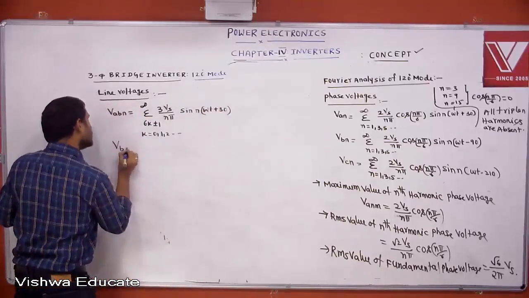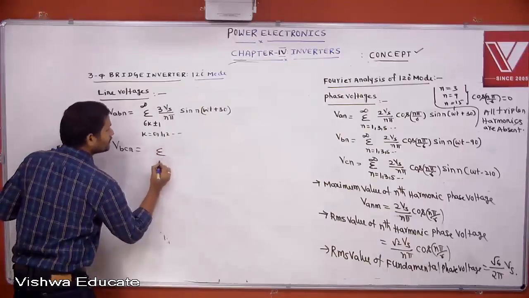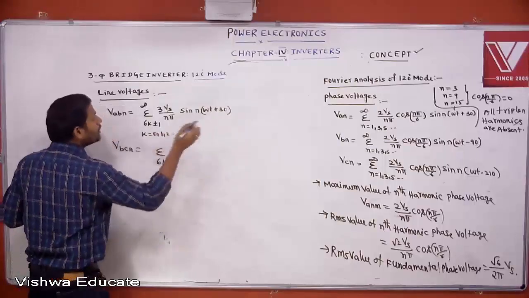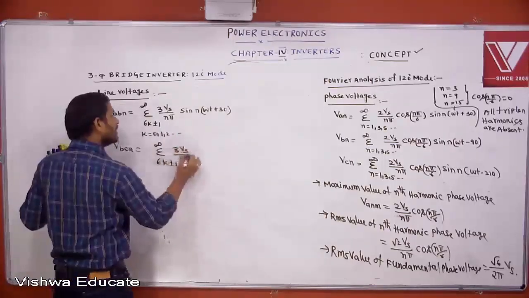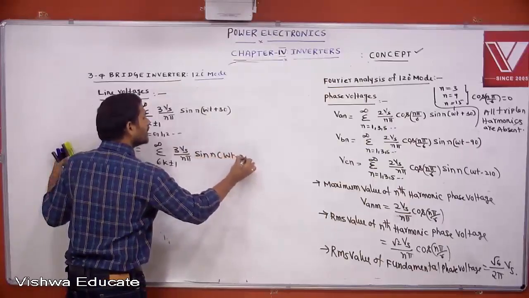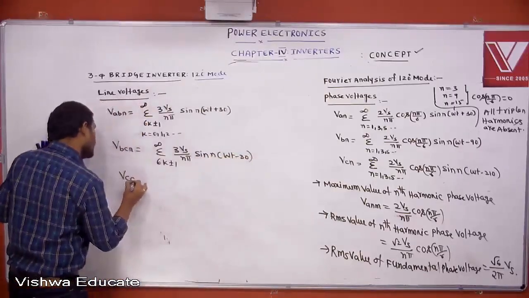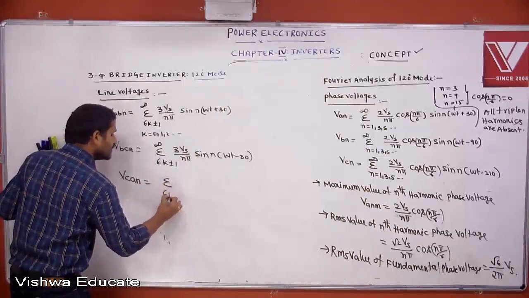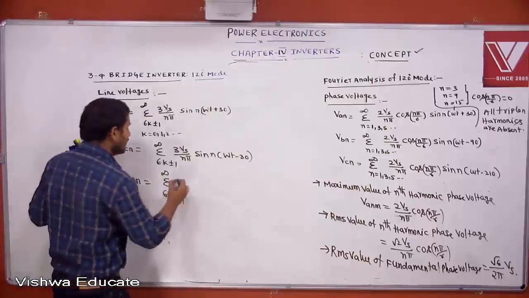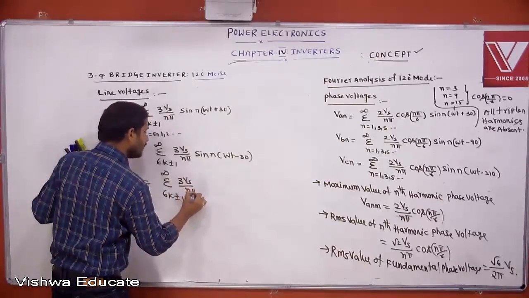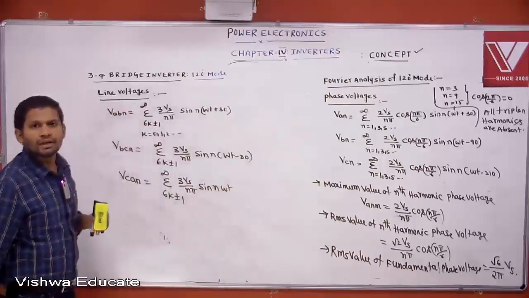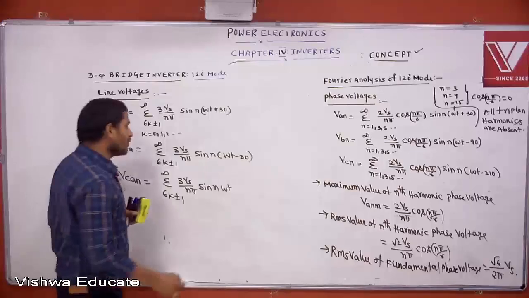Then what is VBCN? Summation 6k plus or minus 1 harmonics, where k equals 0, 1, 2 and so on up to infinity. 3 Vs by n pi sine of n omega t minus 30. VCAN is summation 6k plus or minus 1, because all triple n harmonics are absent. Then 3 Vs by n pi, sine n omega t minus sine of n omega t minus 150.